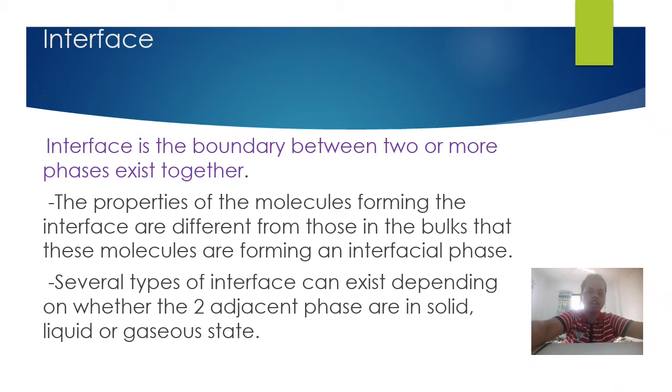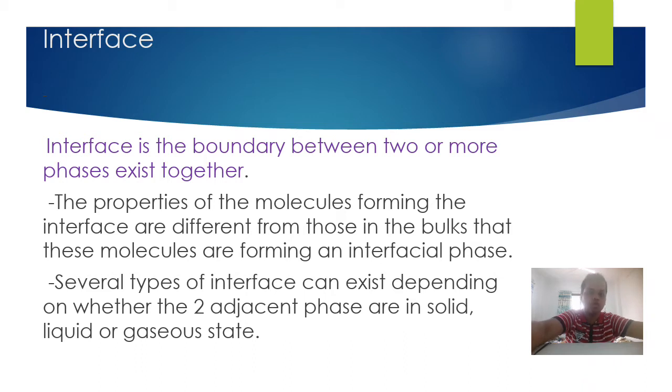Similarly, in the interface, there is a boundary between two or more phases which exist, and the properties of the molecules forming the interface are different from those in the bulk.